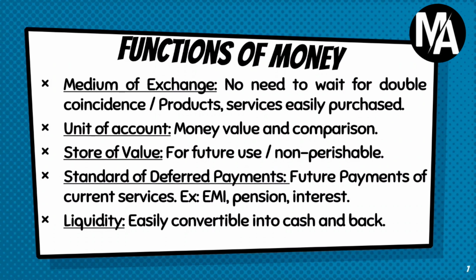Pension: you have rendered your services and then in return, till your retirement or after your retirement, you get pension. Or for example, you take a loan and slowly when you are repaying it back, you pay interest as well. So you can avail the services or products currently and pay later. This is called deferred payments, and this is possible only and only because of money.